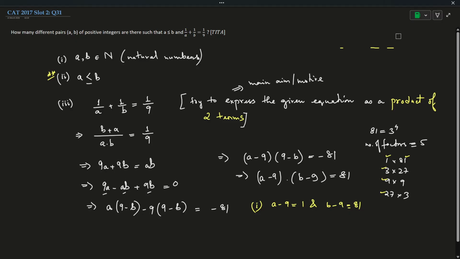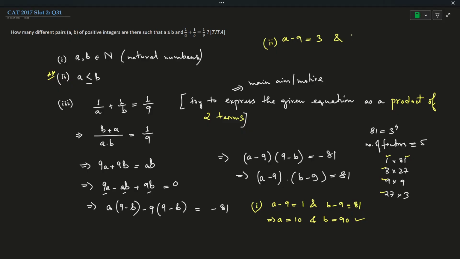I need only a less than or equal to b. From here I will get a equal to 10 and b equal to 90. This is perfectly fine, belongs to natural numbers, a is less than or equal to b. Second case, a minus 9 is equal to 3 and b minus 9 equal to 27.